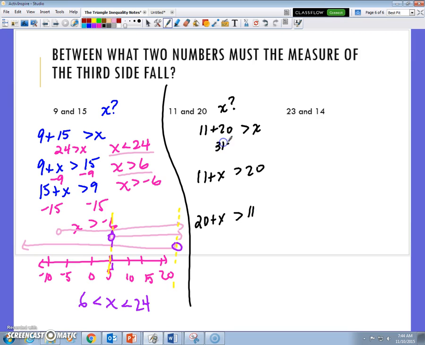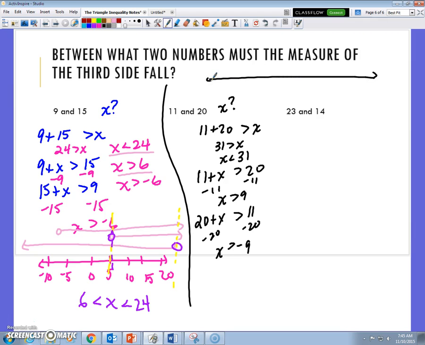For sure, the triangle inequality theorem says if it's a triangle, these three statements must be true. So I'm going to say 31 is bigger than x, or x is smaller than 31. x is greater than 9, or x is bigger than negative 9. So, well, yeah, I guess we should model it.